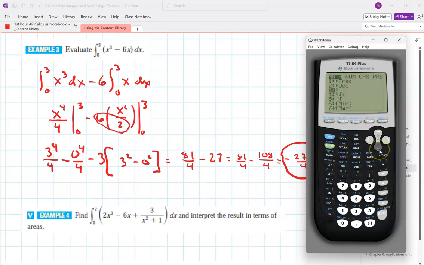I'll go down to command number 9 on my calculator called fnint. And then I can just type this in exactly like it looks like on my sheet of paper. And notice that that is the same thing as negative 27 over 4.